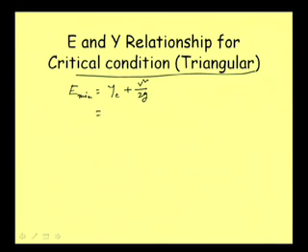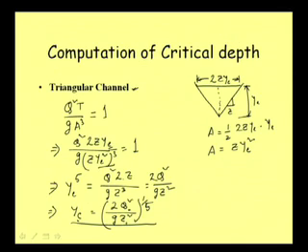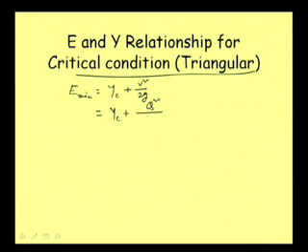Starting from that, we can write it as yc plus v square, which is q square by a square, and that a square relationship, as we could get here, is z yc square. So, we can write z yc square whole square and then twice g.